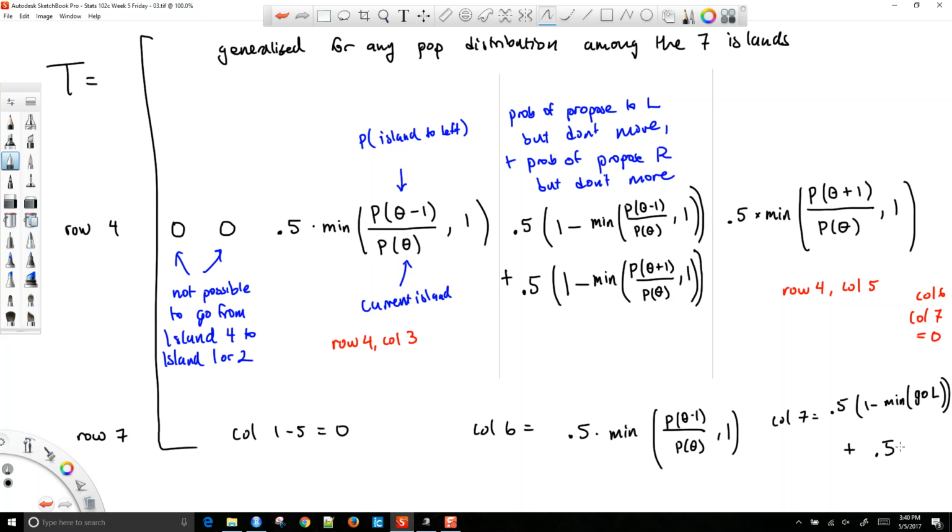If not, we take the ratio of the two probabilities, say 0.7, and then spin a random number. If it's smaller than 0.7, we go, and if it's not, then we stay. That's how we stay: the proposed island has a smaller probability than our current state, and after spinning, the probability didn't work out.